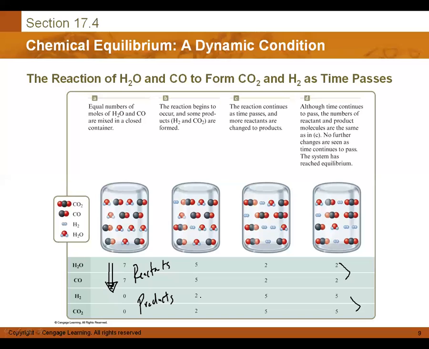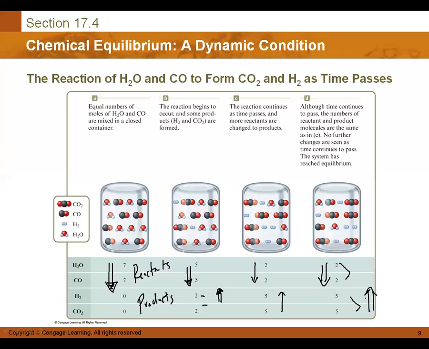At some point, you'll start making enough products that, in addition to this reaction heading towards the products, you will start to get this reaction heading the other way. When it's heading in both directions, like here at the end, the rate in both directions is equal to each other, locking everybody into place.